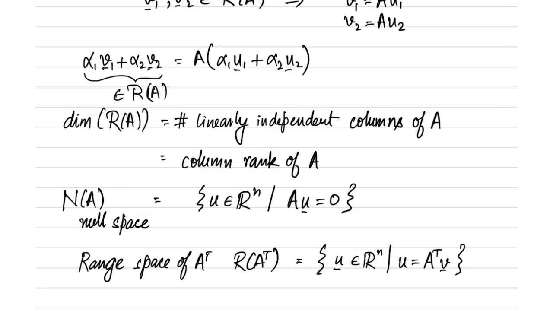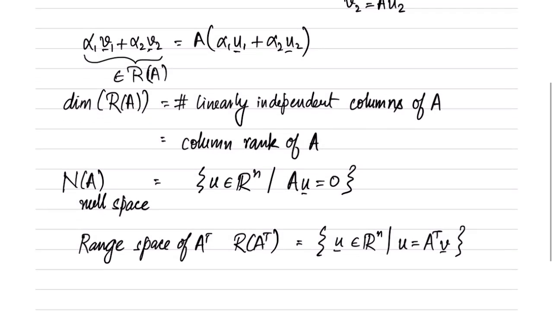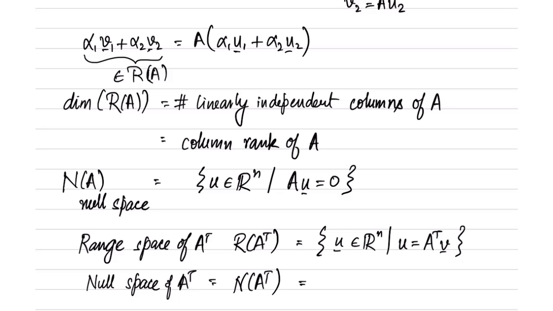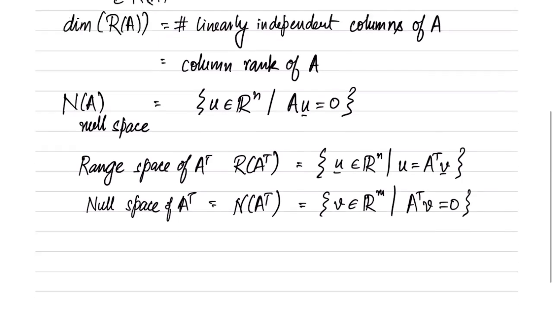Now v is in Rm because of the size of A transpose. And then finally we have the null space of A transpose, N of A transpose, which is the set of all v in Rm such that A transpose v evaluates to 0. So these are the four fundamental spaces associated with the matrix A.